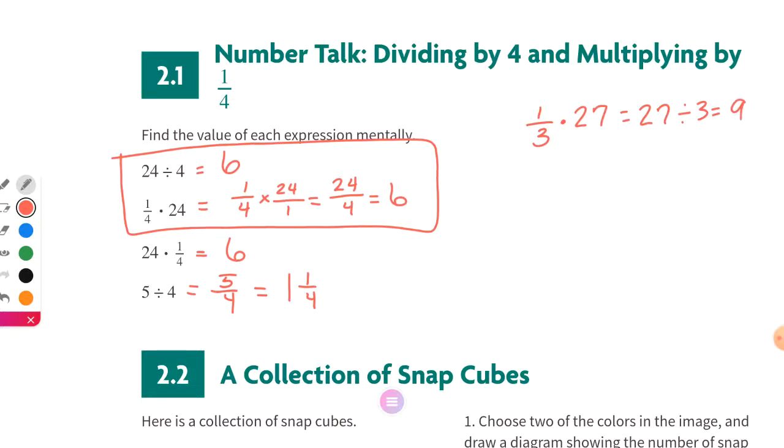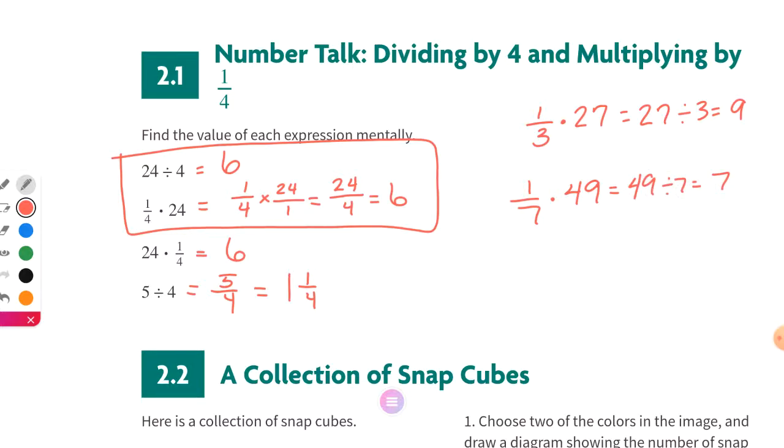That always works. Always. But it has to be a unit fraction times a whole number. So let's do another one. 1/7 times 49. I can just do 49 divided by 7, and I'll get 7.